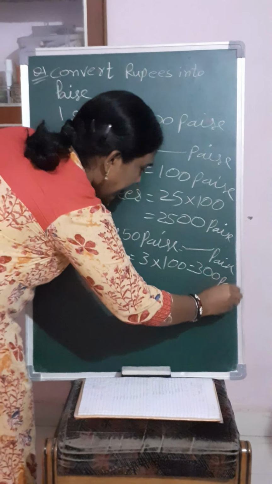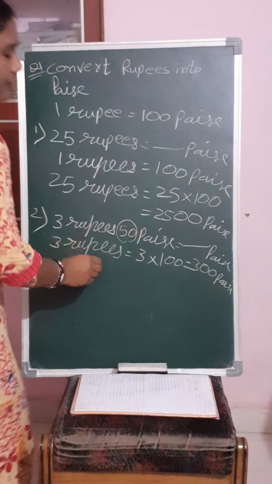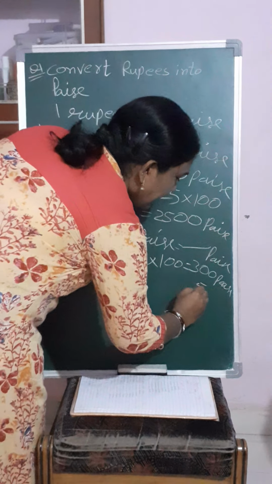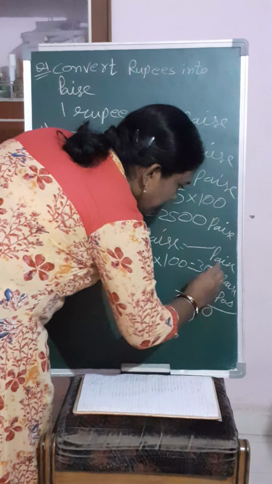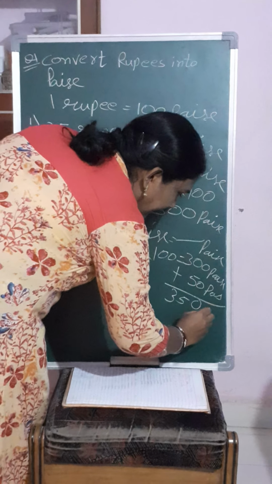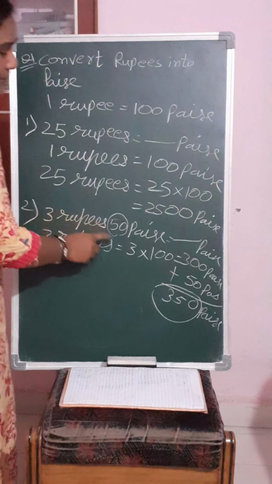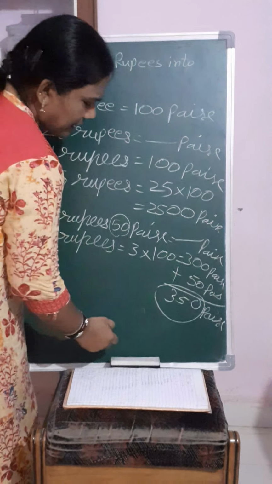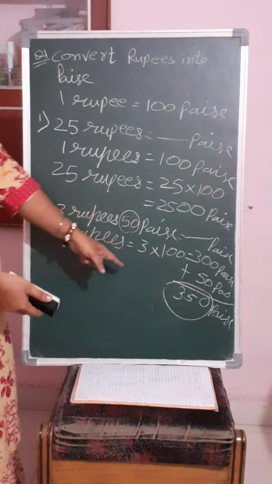We have converted the rupees into paisa. Now we will add this 50 paisa. So 300 plus 50, 0 plus 0 is 0, 0 plus 5 is 5, 3, so 350 paisa. Now total paisa, 3 rupees 50 paisa equal to 350 paisa.